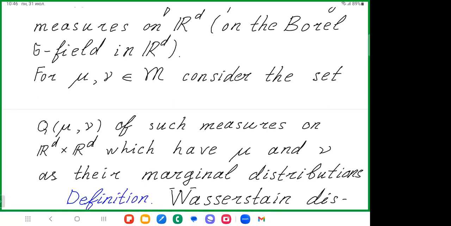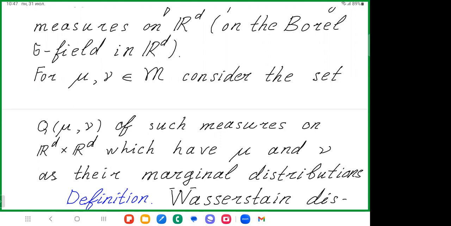So if we project this measure on the first coordinate, we get measure mu, and if we project on the second coordinate, we get measure nu.